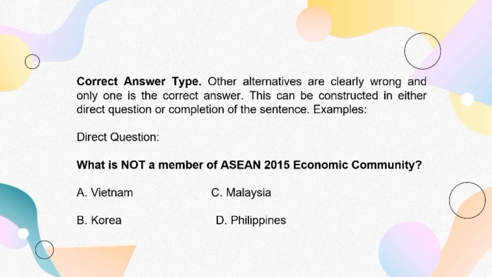Examples. Direct question: What is not a member of the ASEAN 2015 Economic Community? A. Vietnam. B. Korea. C. Malaysia. D. Philippines.